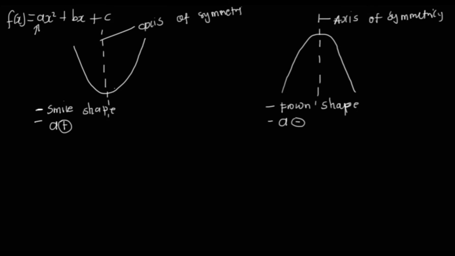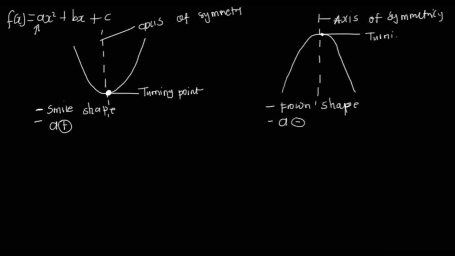Now from there also, the other point that we need to know is this point where we have the turning point. So this point is what we call the turning point of a parabola. Regardless of the shape that you have, any shape must have a turning point.